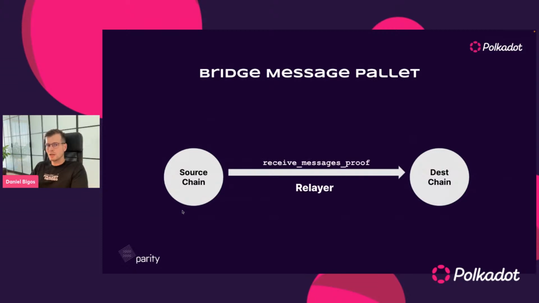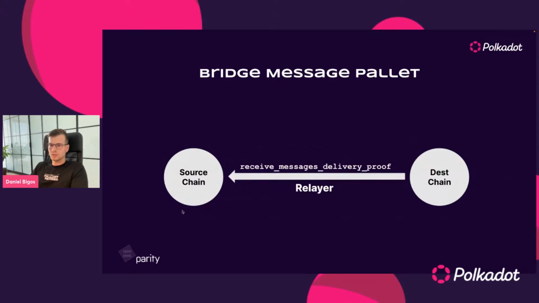Then the relayer sees that a message is in that lane and sends the message to the destination chain with the receive messages proof. Then the message gets verified, dispatched, forwarded, anything. And once the message is delivered, the relayer can confirm to the source chain that the message has been delivered and processed on the destination chain and can claim rewards.